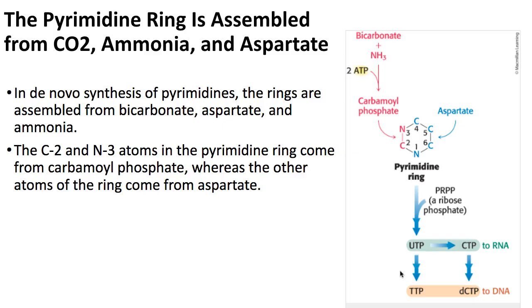And so, as a reminder, when we saw in the previous lesson, this buildup of the pyrimidine ring. Remember that ring is not attached to the ribose sugar. It is built up outside of it and then attached to the PRPP, that ends up generating this UTP and CTP, and then we get into having that reduction of the ribonucleotide.